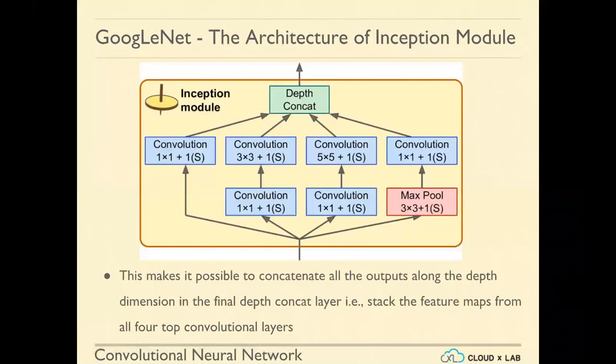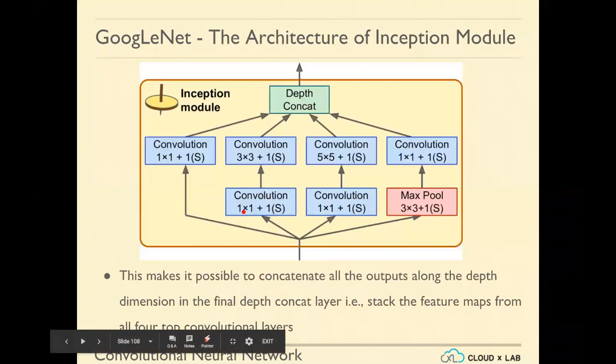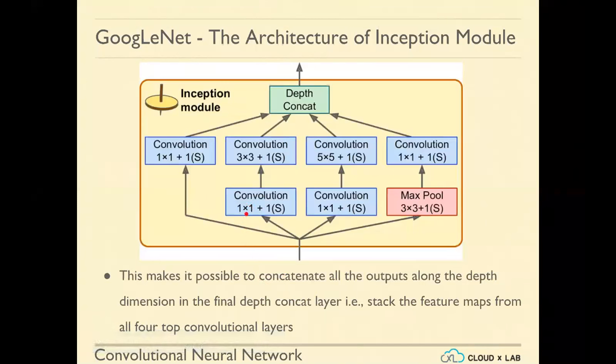The question is that it's very strange that we are just processing one pixel at a time, correct? What does convolution one by one mean? And specifically with the stride of one, that means we are not missing anything. We're just going over one pixel at a time, right?